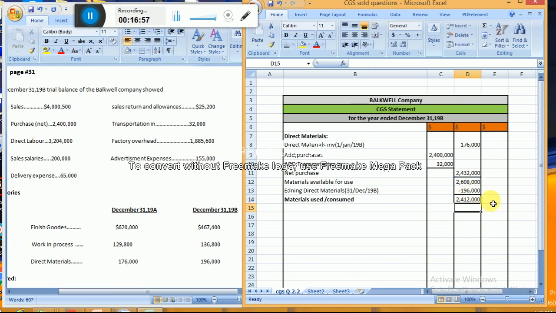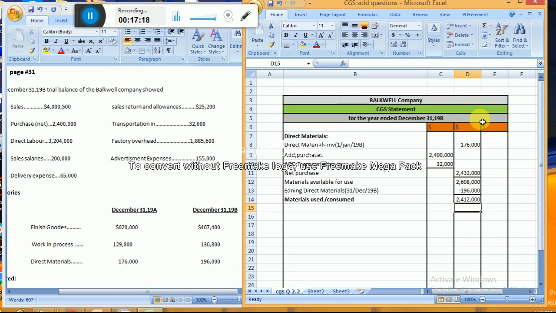So how much material? The 24,12,000 material was used during the year.